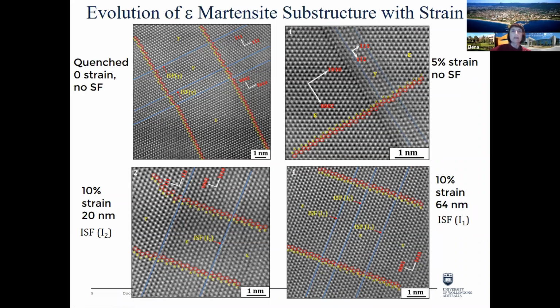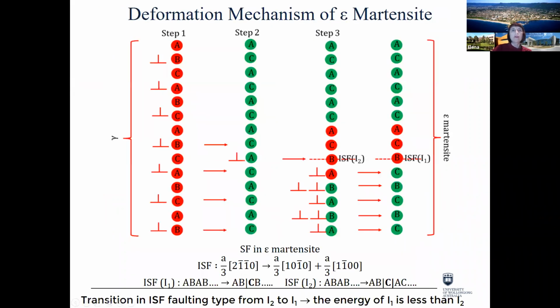So why is this happening? We believe that we're starting from ABC stacking of austenite, and when a partial dislocation moves on every second layer, we have a transition to epsilon martensite with the stacking AC and CAC, and then this deformation will continue and glide on the A layer will change it to a B layer, and we will have AC, B, AC.